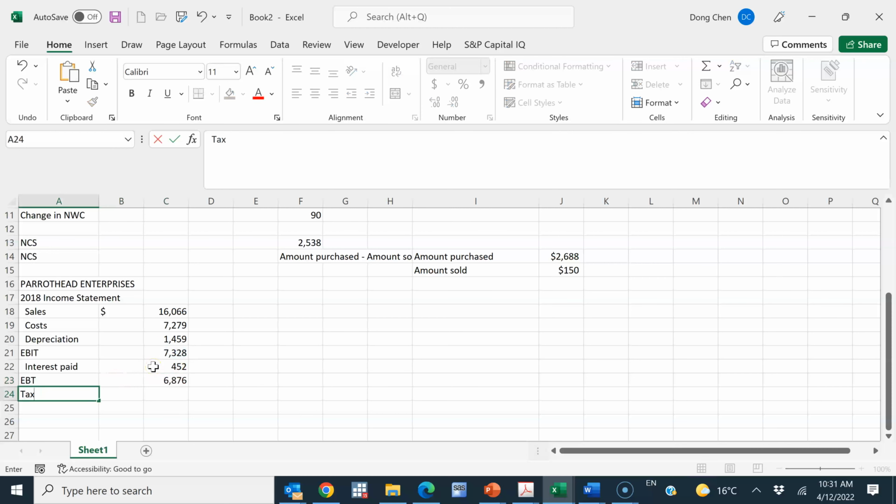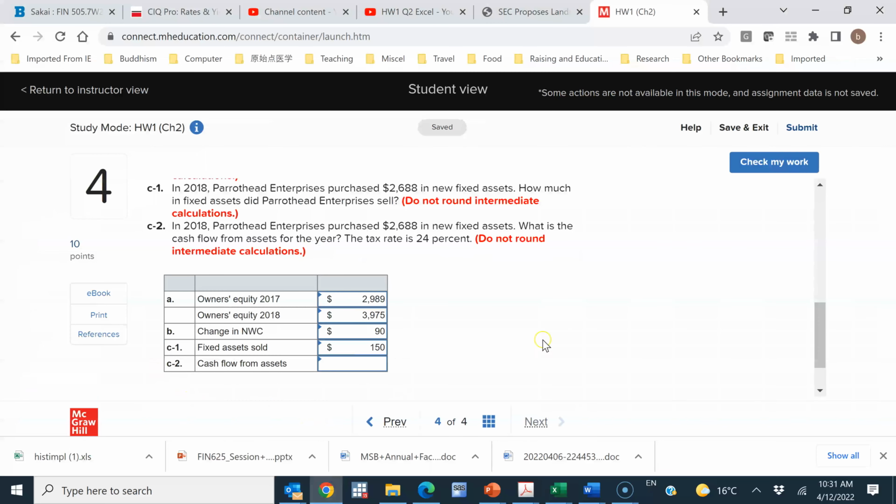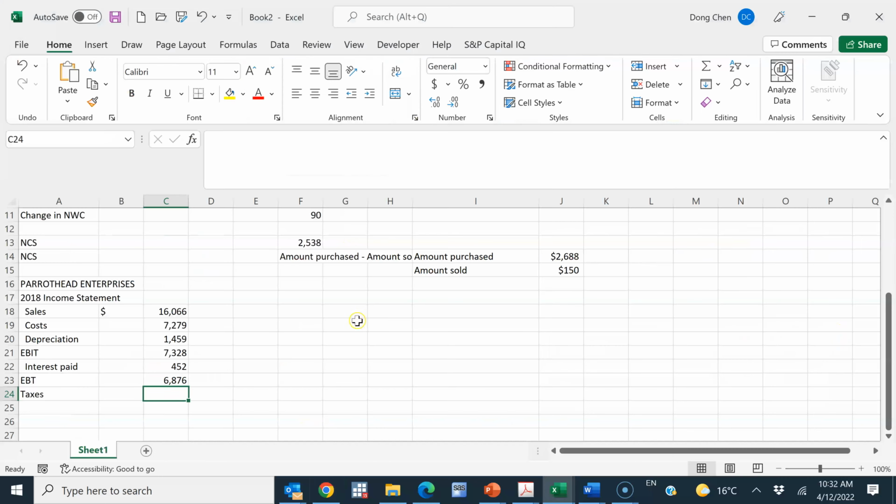Taxes will be based on the taxable income. Going back to the setup, it's provided that the tax rate is 24%. So the taxes here will be based on EBT multiplied by 24%.